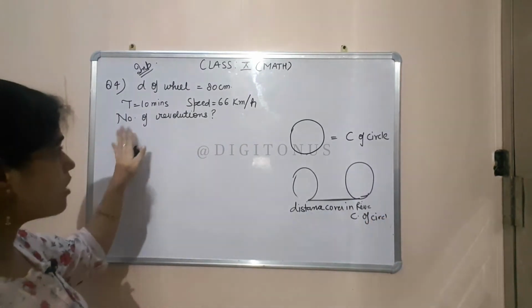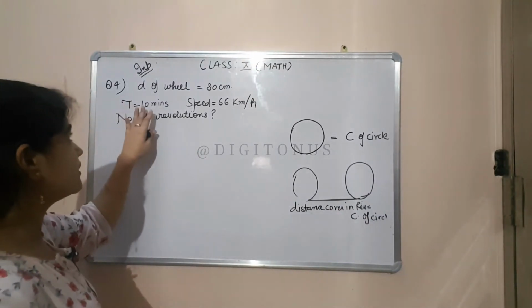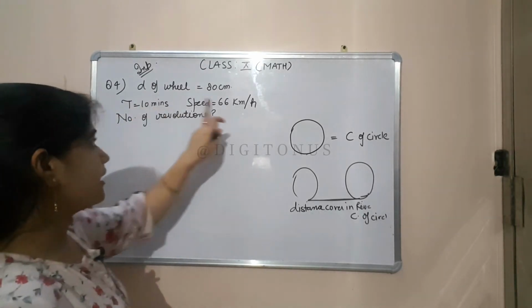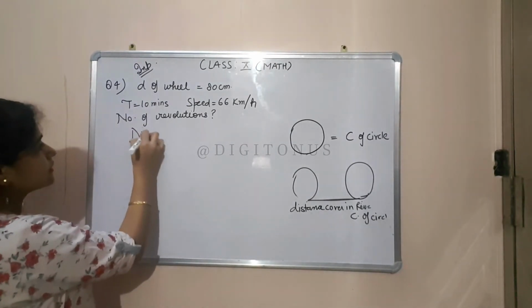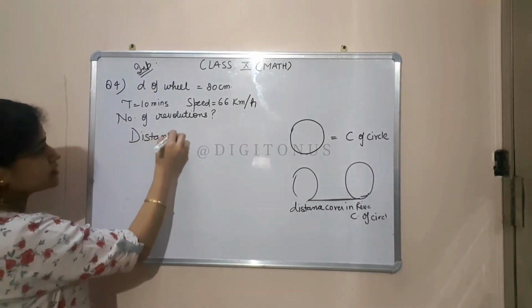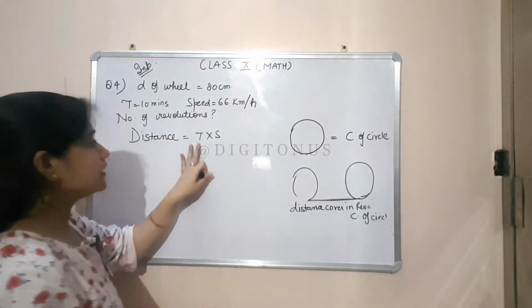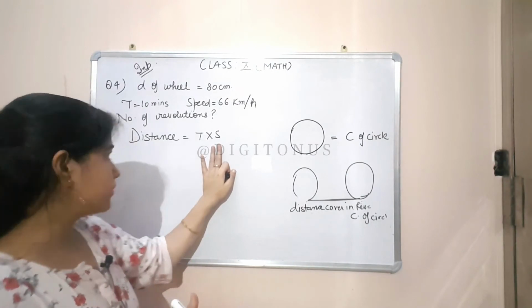They are asking how many revolutions the wheel will take to cover the distance, and the distance we will find by time and speed, both are given. So first we will find the distance, and the distance formula is time into speed. But the time and speed both should be in the same unit.